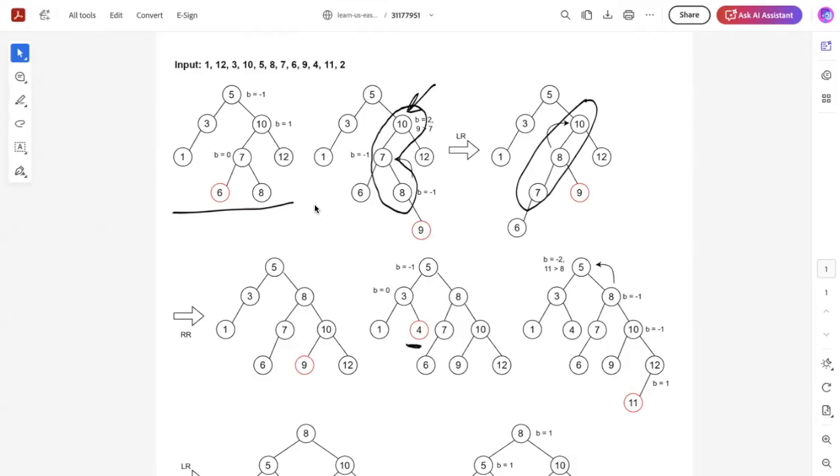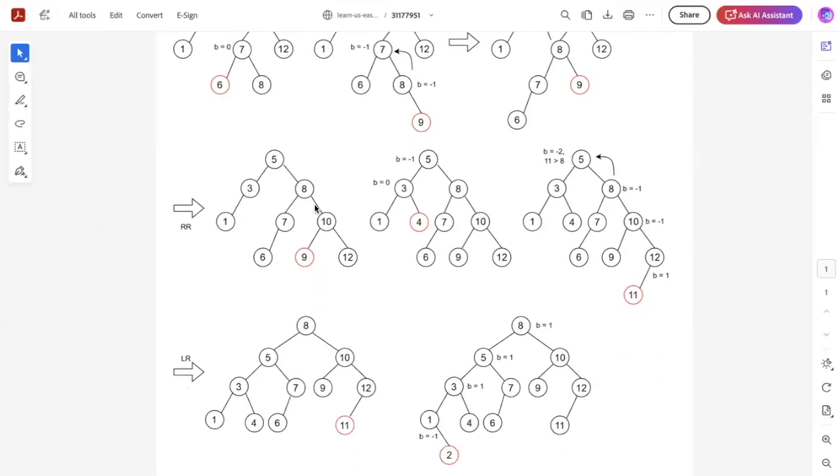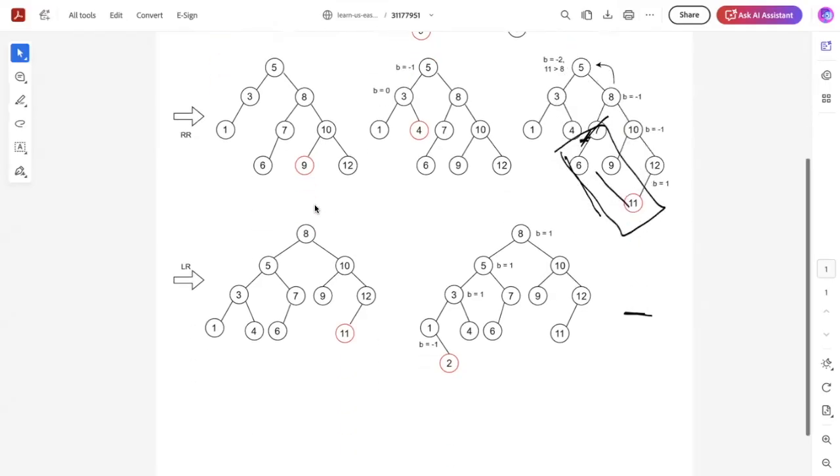Then 4 comes in, that's within balance, and 11 comes in, that's off balance. The first node that's off balance is this node. This is the path. You look at these three consecutive nodes, and you see they are in one direction, so you only need one rotation to restore the tree balance. And then when 2 comes in, it is still within balance.